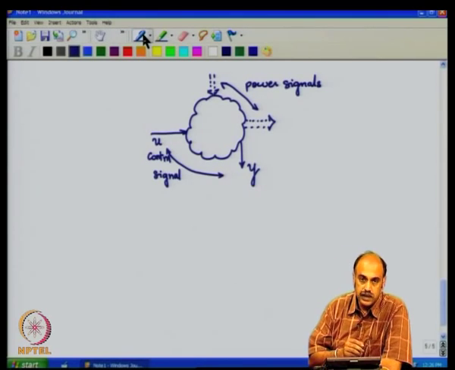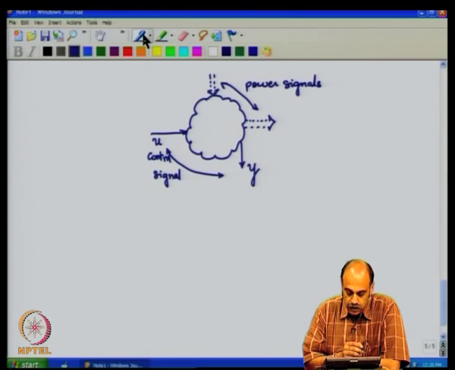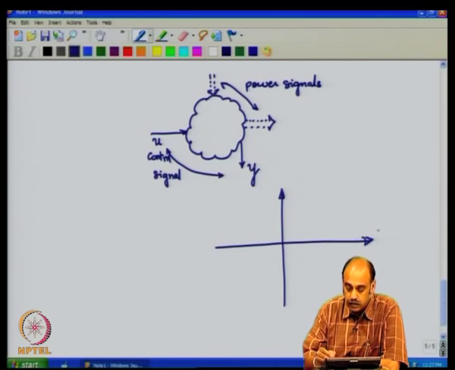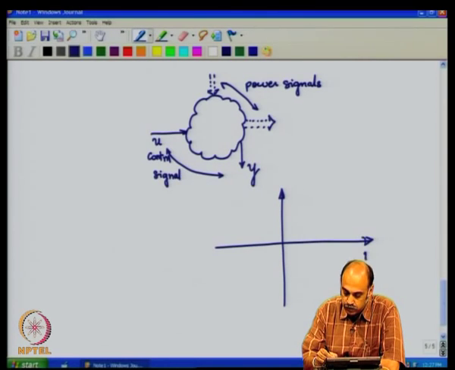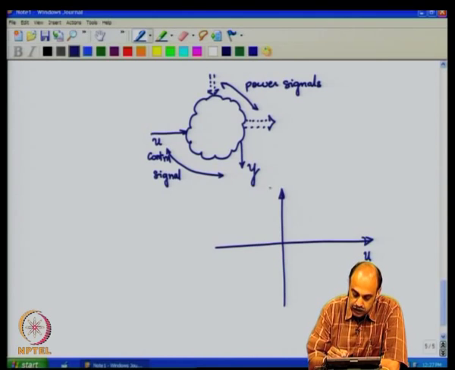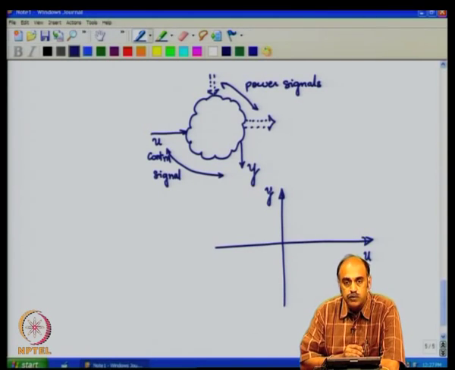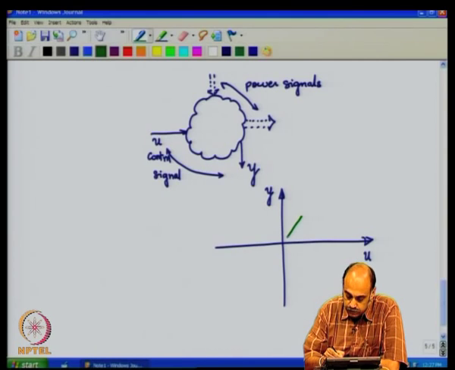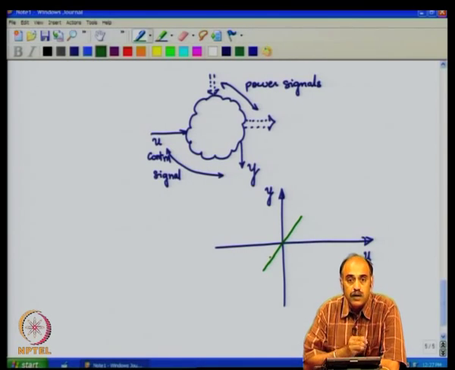Now, let us say that we have a plant like this, a black box, we do not know what is inside, and the nature of the transfer curve, let us say input is on the x axis, independent variable, and the dependent variable, output y, is on the y axis, can be linear as shown like this.